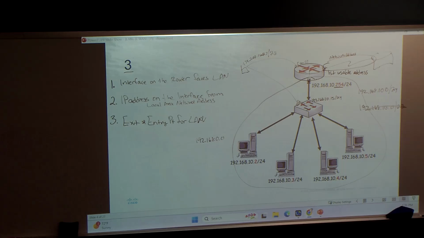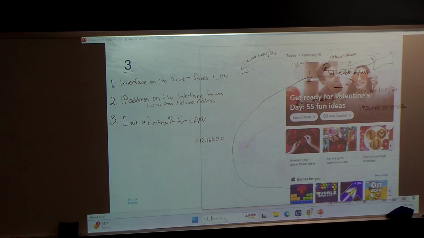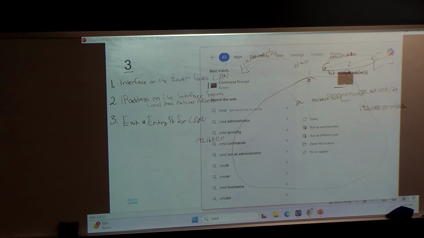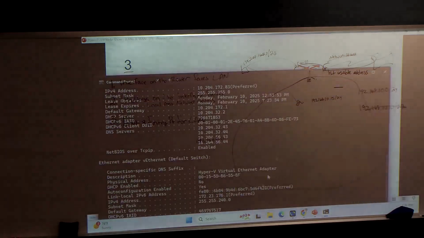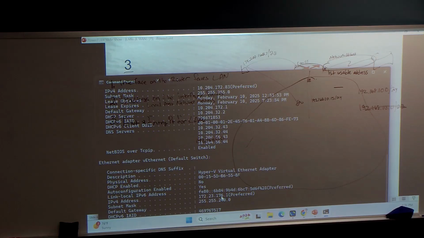Oh, never mind, don't do it because I have your computers off. Just a minute. I will do it. CMD. I think we'll see it. Yeah, so the 172.23.176 something. And it's 255.255.240? That's a slash what?